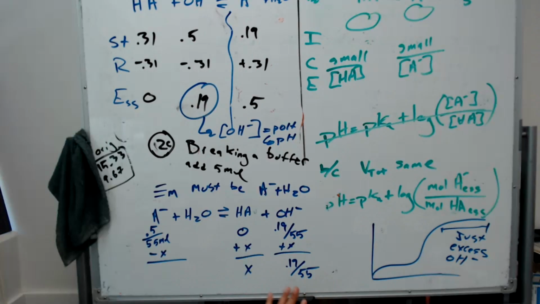If you didn't recognize that you were outside the buffer region, and you tried to plug this into the Henderson-Hasselbalch equation, you would have 0.5 divided by 0. Log of 0.5 divided by 0 is the log of infinity. That doesn't work out. So we should get a pretty good hunch that Henderson-Hasselbalch fails.